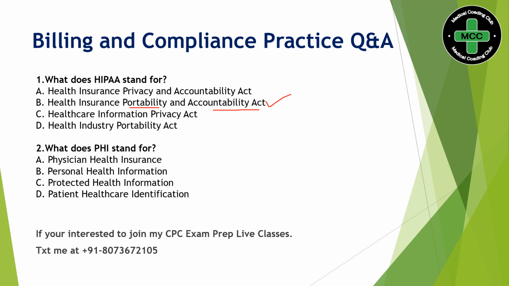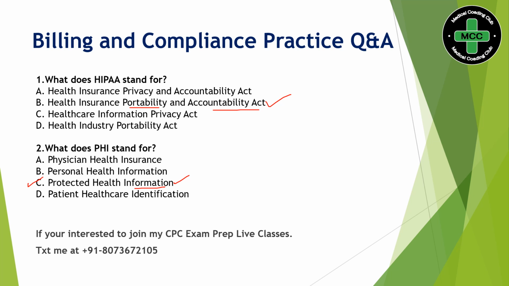Next question, what does PHI stand for? PHI stands for Protected Health Information, which is very important here. You might get confused between personal health information and protected health information, but the accurate answer is option C, protected health information. You should also know the PHI indicators.